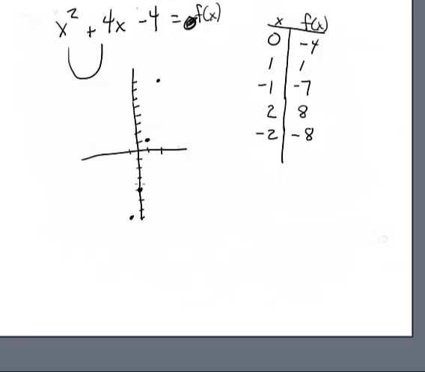You can see it's going down. Negative 2, negative 8, still going down. Let's try negative 3. So negative 3 squared is 9, plus 4 times negative 3 is negative 12. 9 minus 12 is negative 3. Minus 4 is negative 7. So negative 3, negative 7.